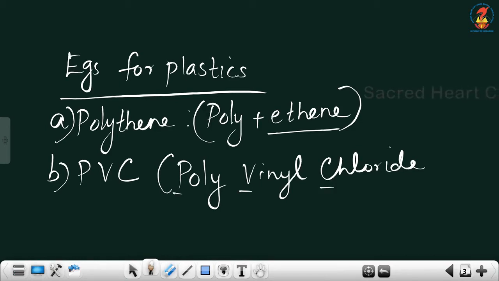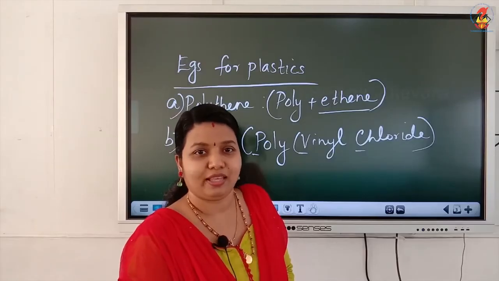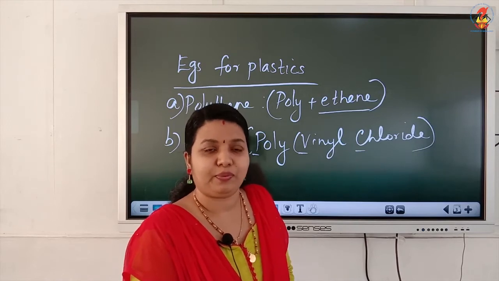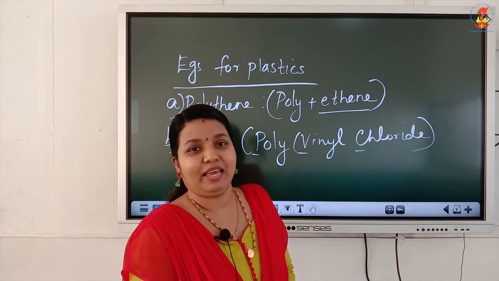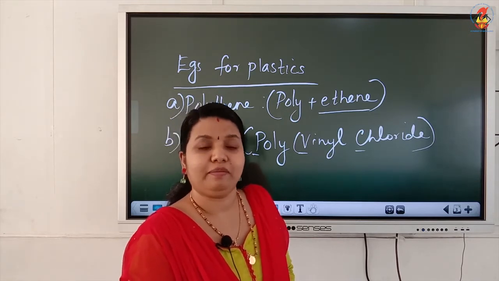Poly means many. Vinyl chloride is a chemical substance. All these you will learn in higher classes. So many vinyl chloride units add together and you get a big unit known as polyvinyl chloride, or simply PVC. And PVC is widely used for making pipes.